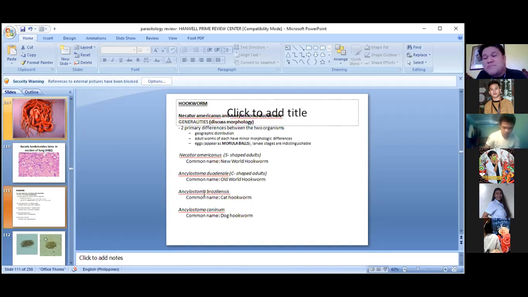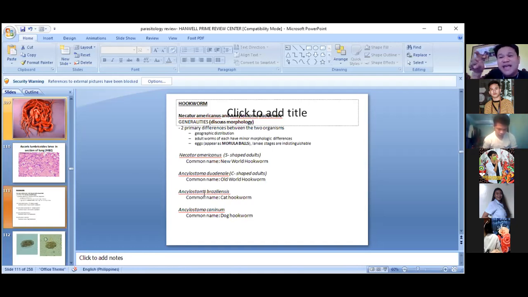Now, when you talk about hookworms, that is in fact a common name. The hookworm is a common name. And why are they dubbed, why are they described to be hookworm? Because they would have 90 degrees ventral bending, no? 90 degrees bending on the anterior of the parasite. Para siyang hook.